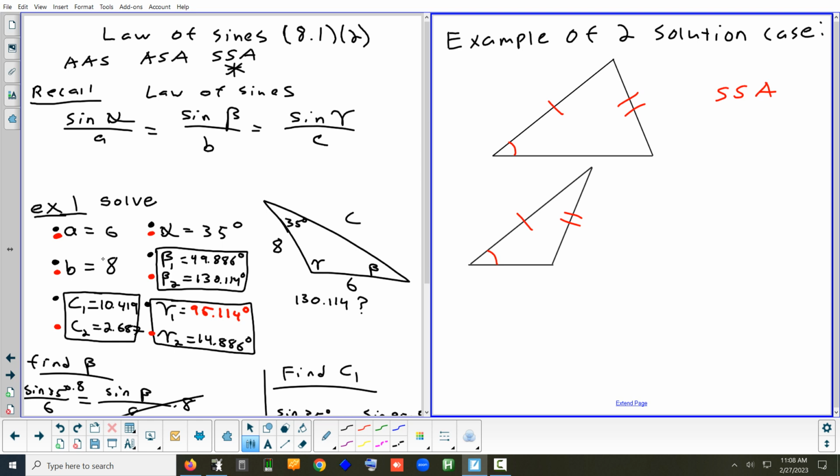Anything that's not marked in the triangle is the information you solved for. You could get 2 different answers for that angle, 2 different answers for that angle, and 2 different lengths for the bottom side. That's visually how the two solution case happens.